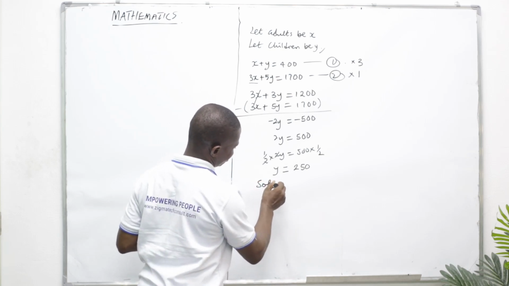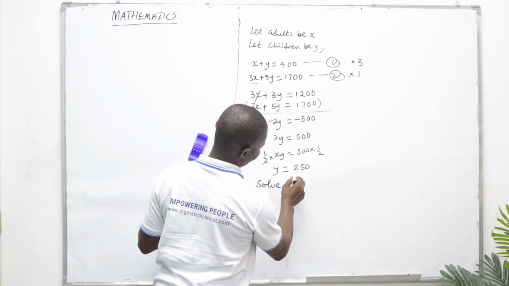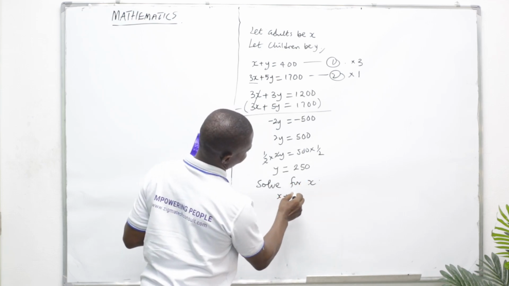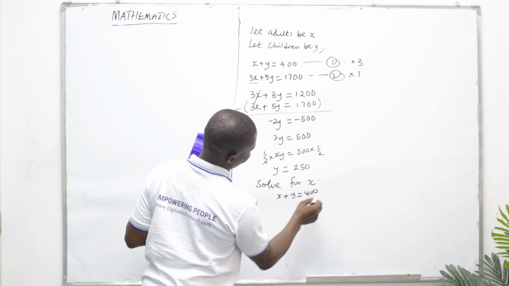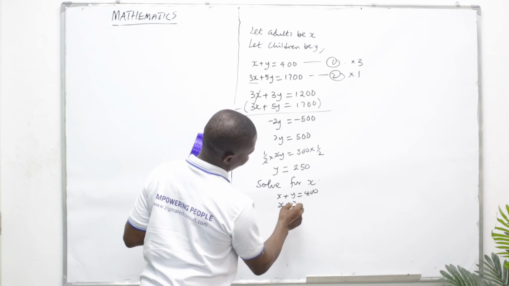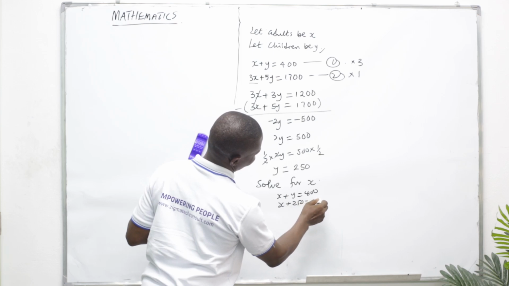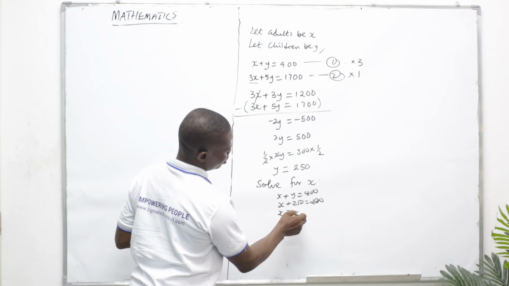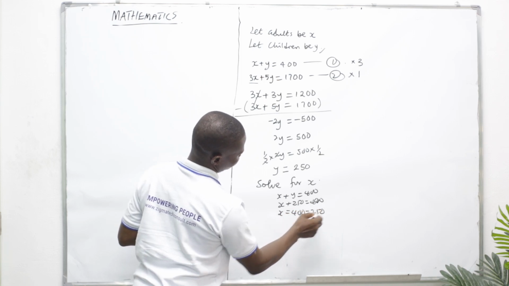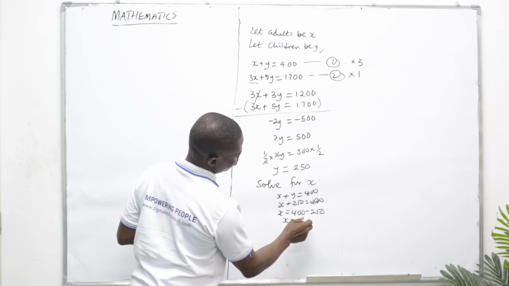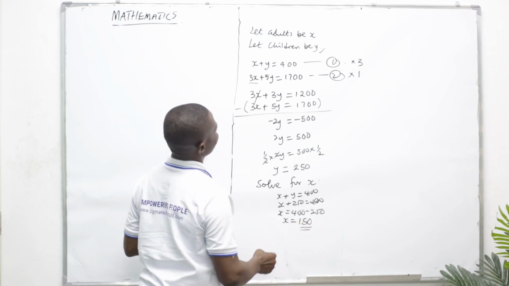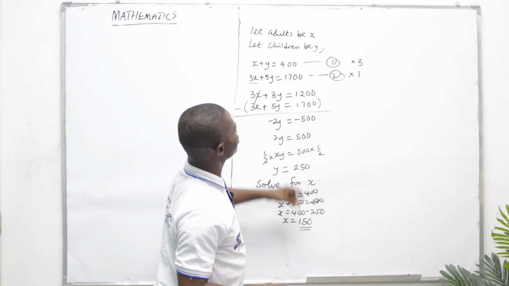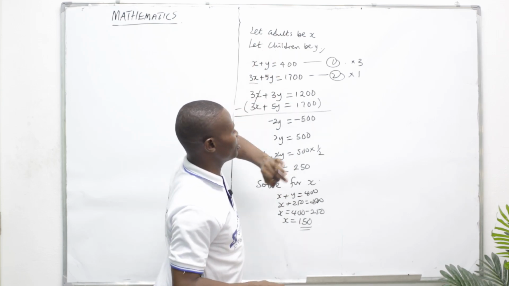Let's get the value of S. Solve for S. It is something I want you to understand. S plus Y equals 400. S plus 250 equals 400. So that's S equals 400 minus 250. S is 150. 250 plus 150 will sum up to 400.